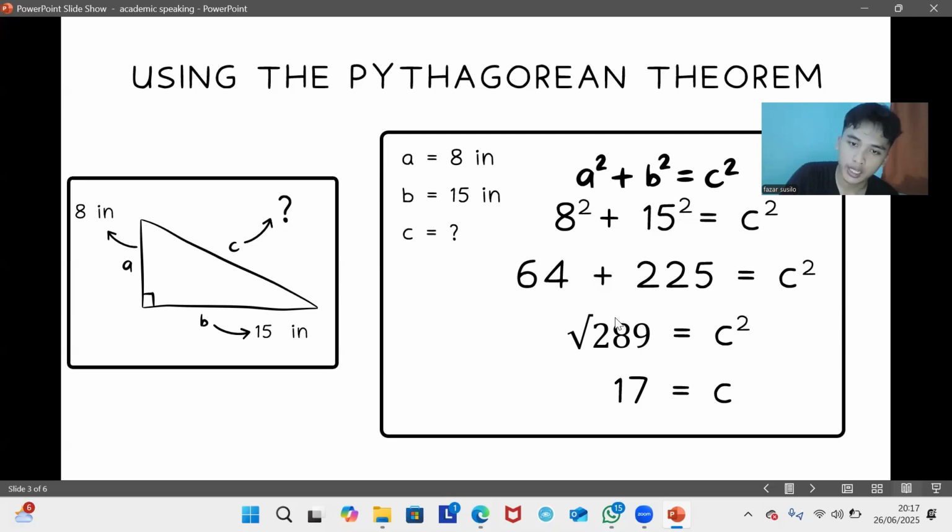And because we must find c, not c squared, you must take the square root of 289 and find the result, and the result is 17, and you can see 17 is equal to c, so c is equal to 17.